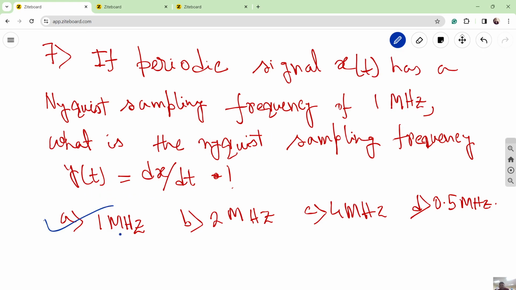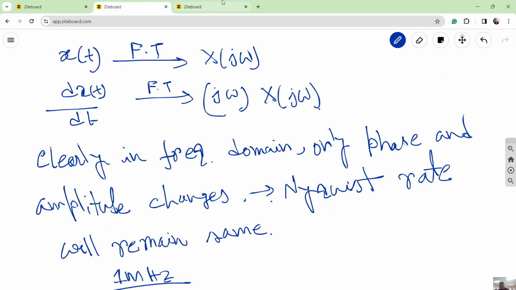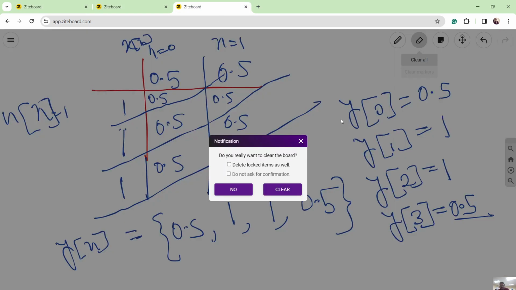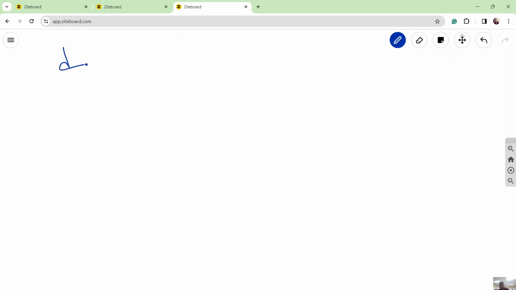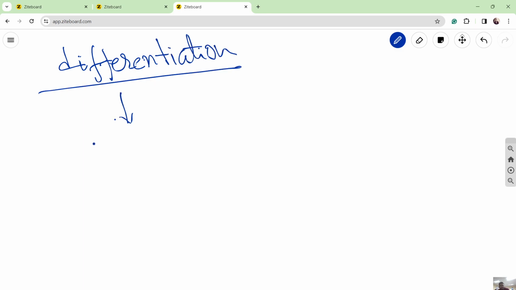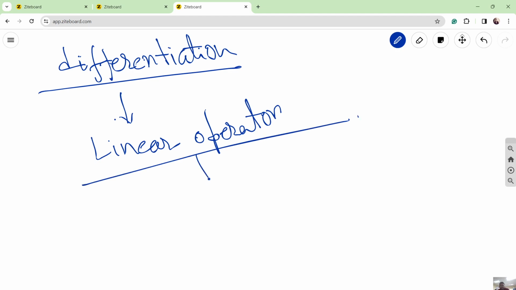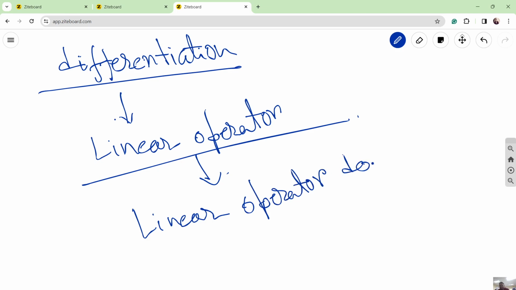Another way to visualize this is that differentiation is a linear operator, and a linear operator does not change the frequency.